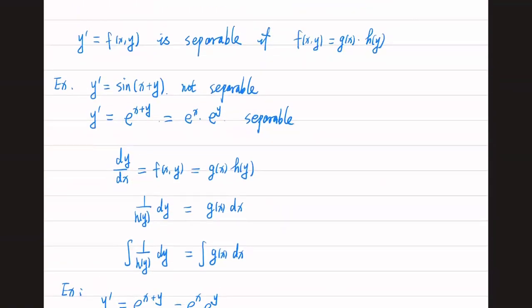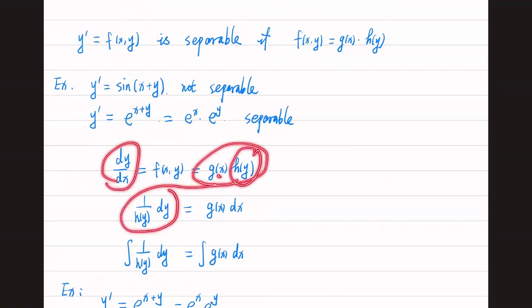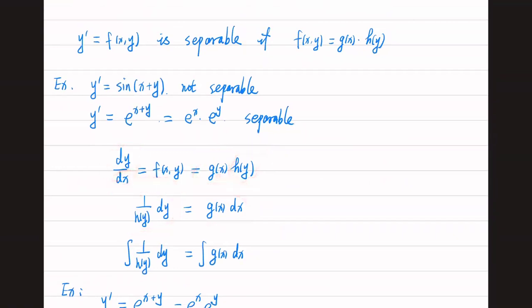If the function is the product of x and y, how do we separate? We move the term in y to one side and the term in x to the other side. After the separation, this side has no x, this side has no y. So x and y are separated. That's the separation of variables.